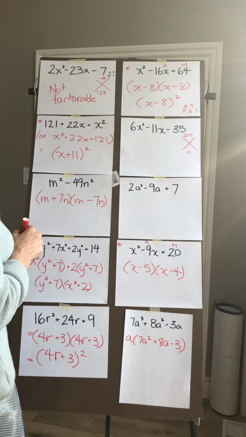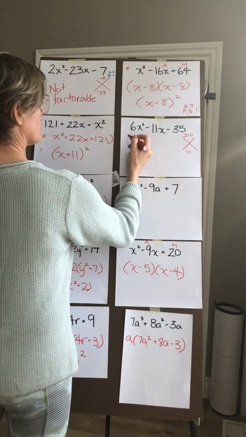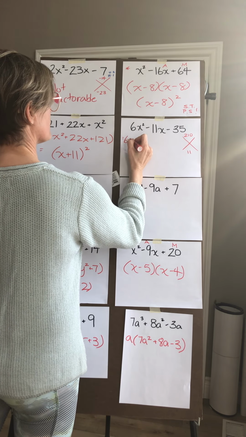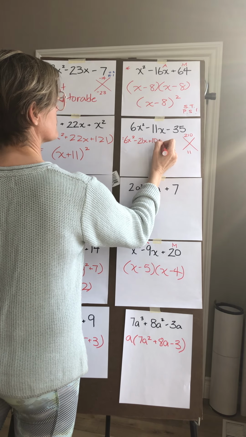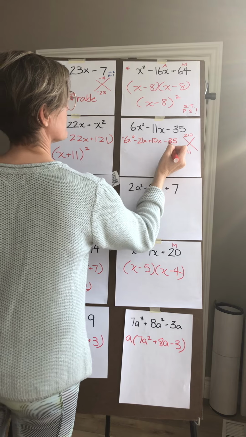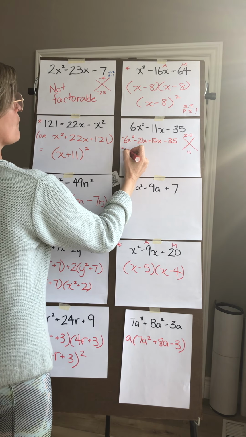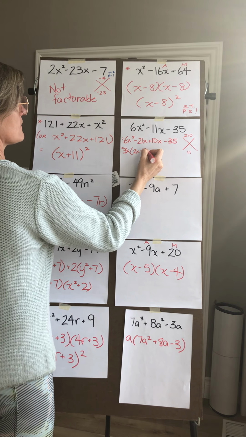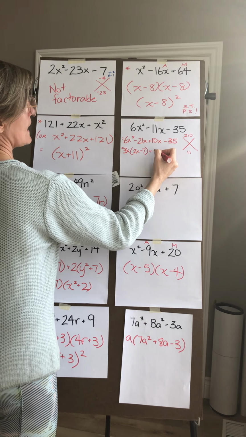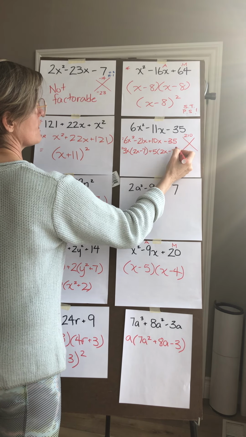So I'm thinking 21 and 10. Yeah. All right, let's do decomposition here. So 6x squared minus 21x plus 10x minus 35. Take a 3x out, left with 2x minus 7. And if we take a 5 out of here, we're left with 2x minus 7.